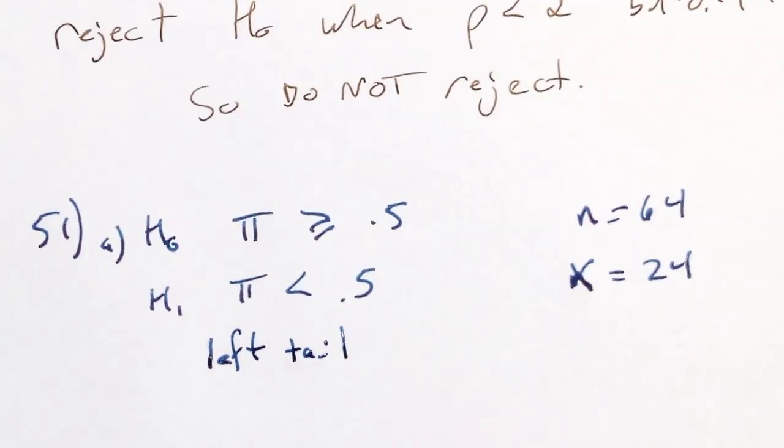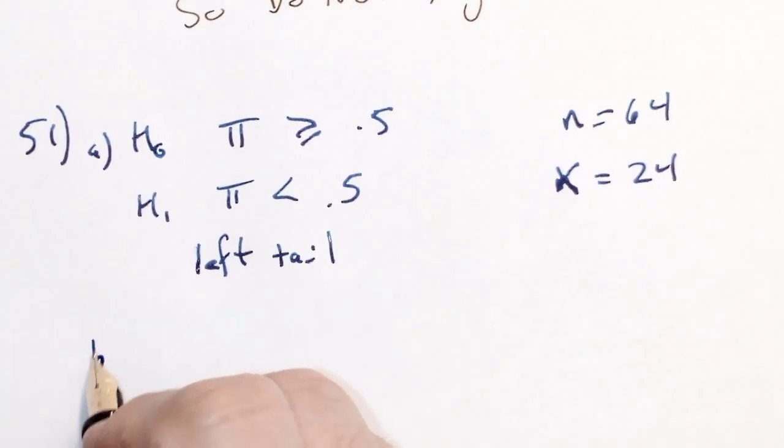Now, why do I need to know that? Because the Z value I'm going to be looking for is negative. It's on the left. Okay. Let's calculate.